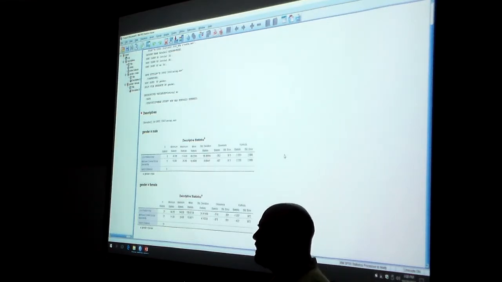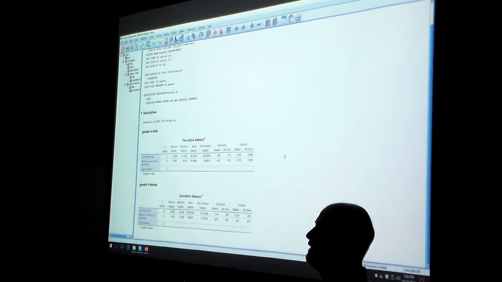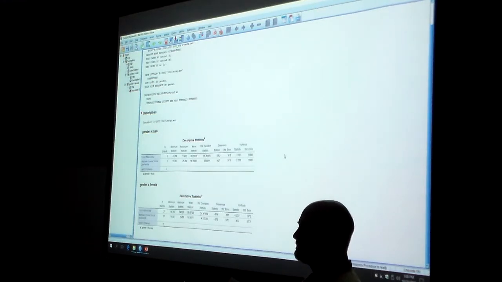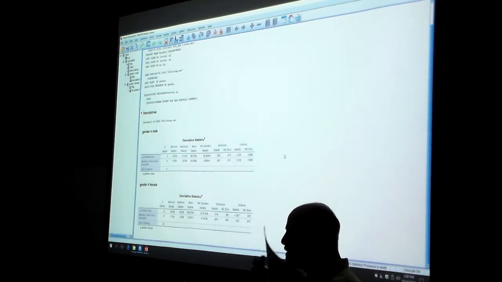In general, the benchmarks on skew and kurtosis are that both are less than 2. This one has negative kurtosis. What does that distribution look like? We are leptokurtic? No, the picture should be burned in your brain.